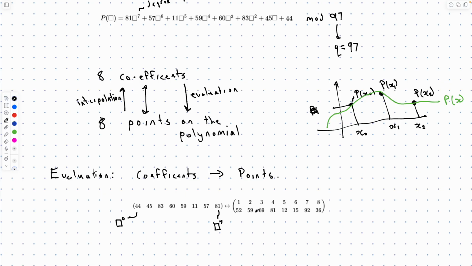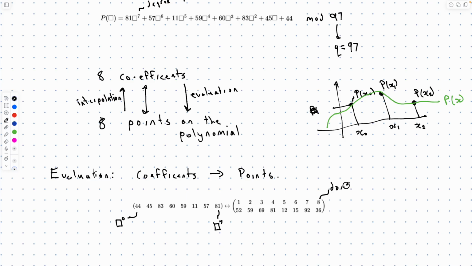Or I could send you a set of points. So here's a set of points. At x value 1, the polynomial is 52. At 2, it has value 59. At 3, it has 69, et cetera, okay? So these are the x values.